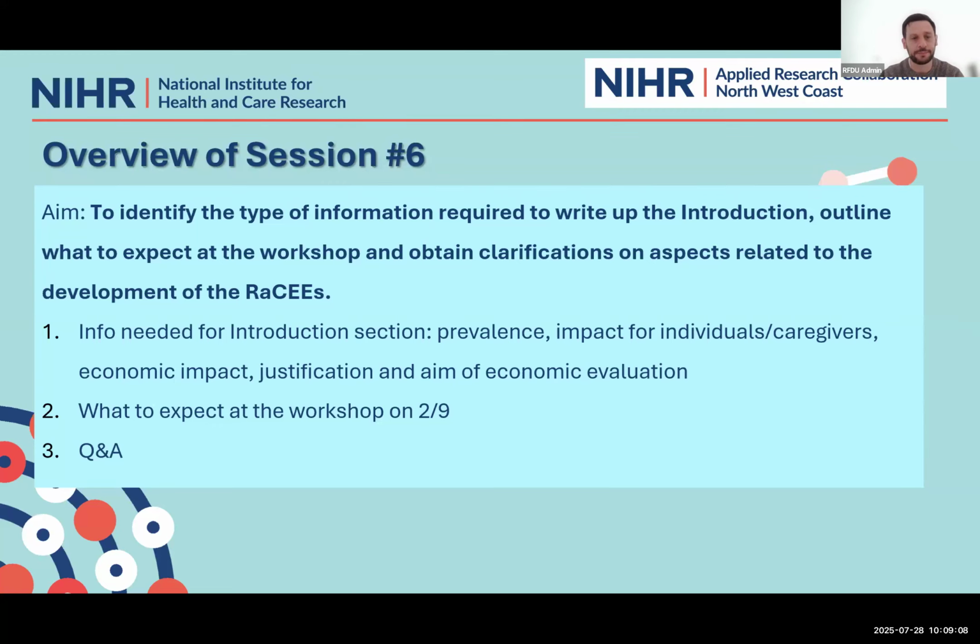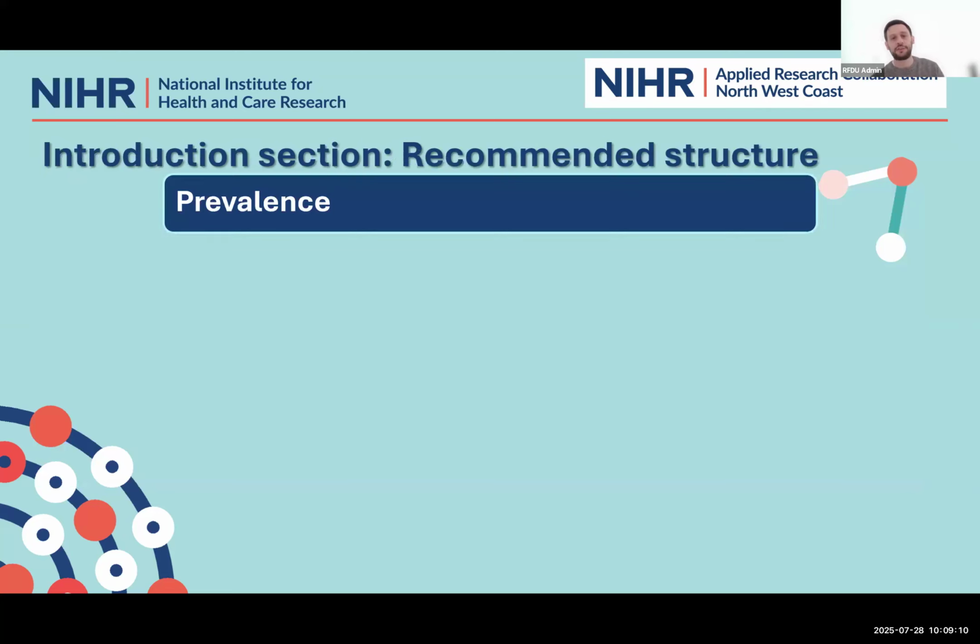Okay, so the introduction section, we have a recommended structure we will need to follow when we are going to co-produce the commentary. The introduction section is usually not that big, to be honest, but we got different elements we need to cover. The first one is the prevalence. So, of course, your own economic evaluation paper will have a specific disease or health area, and we are going to give some information about the prevalence of that particular condition or disease.